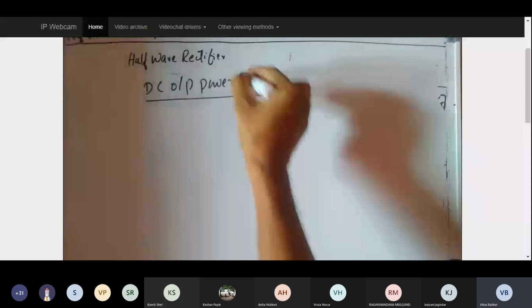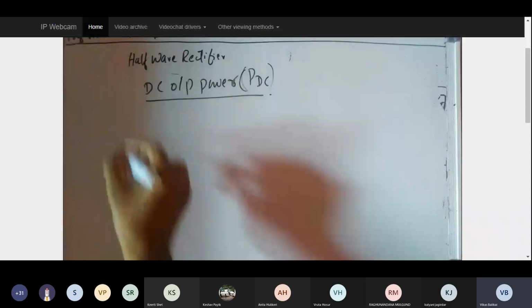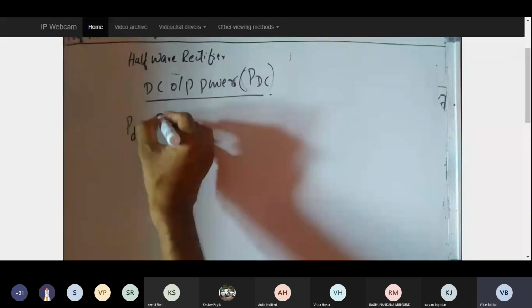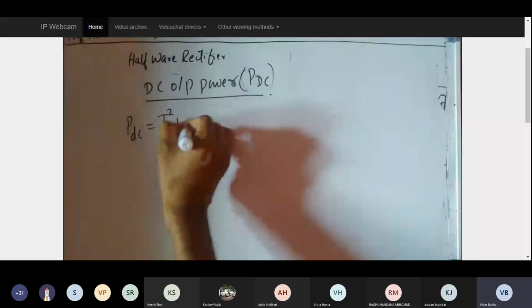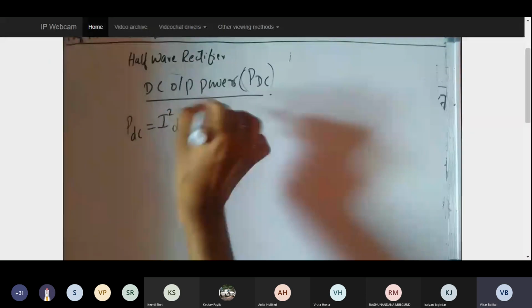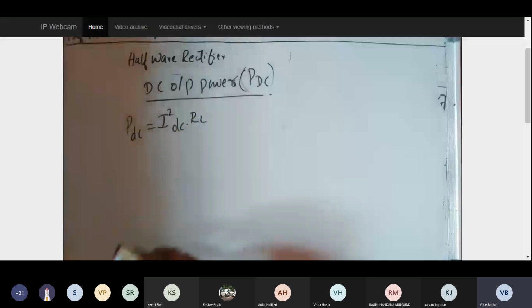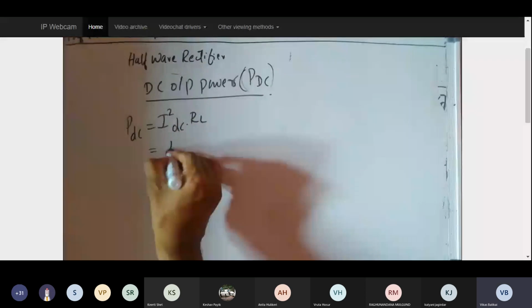Now, quite simple, I have the formula for PDC: power is equal to I square into R. So I can write I square DC into RL, and you know the value of IDC: IDC was Im by pi, whole squared, times RL. If I simplify it further, it will be Im square by pi square into RL.